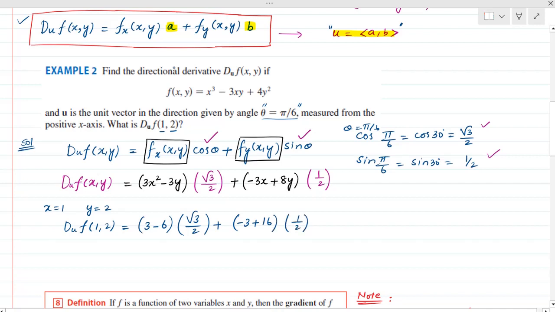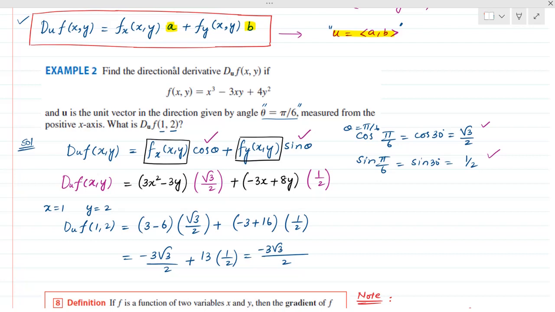If you simplify this, you will get minus 3 root 3 over 2 plus 13 over 2. So 1 over 2 is common. So this is (minus 3 root 3 plus 13) over 2. This is the final answer for this point. So this is a directional derivative.